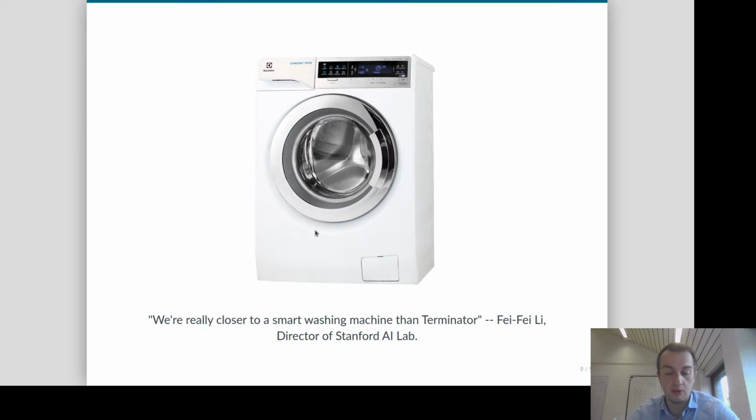You can build machines that perform better than humans, but only at some specific task, and you could not use the same agents to solve another task. This is why we call that narrow artificial intelligence. They are very good at one task, but not at a large array of other tasks. This is the same for a washing machine. It's very good at washing your clothes, but you could not ask the same machine to cook your dinner.